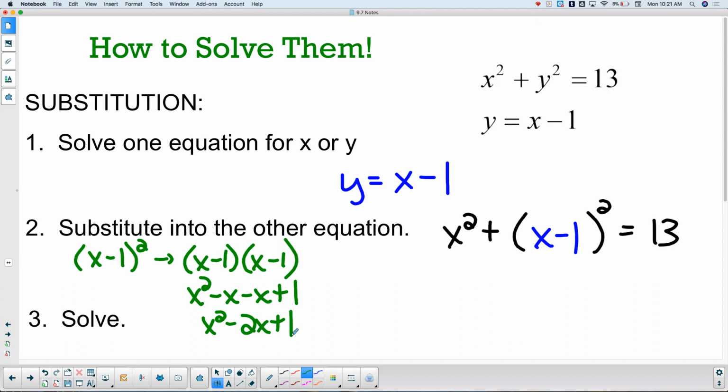So this becomes x squared plus x squared minus 2x plus 1 equals 13.